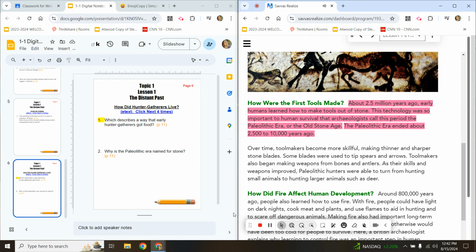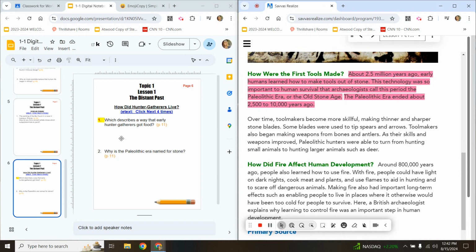Over time, tool makers become more skillful, making thinner and sharper stone blades. Some blades were used to tip spears and arrows. Tool makers also began making weapons from bones and antlers. As their skills and weapons improved, Paleolithic hunters were able to turn from hunting small animals to hunting larger animals, such as deer.